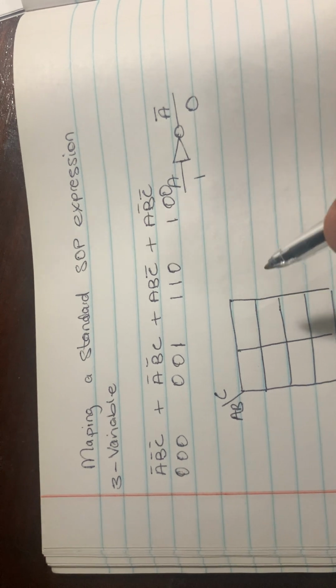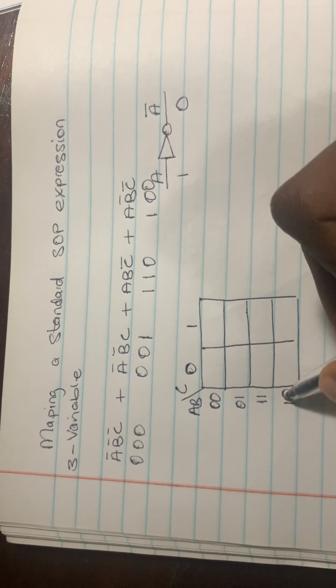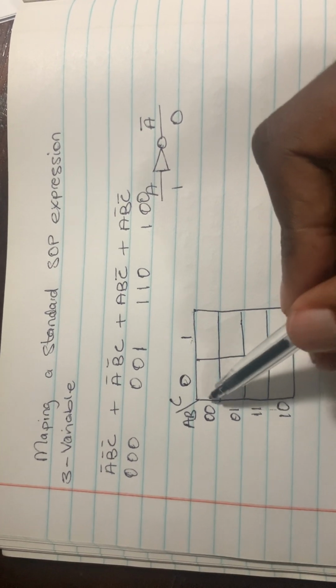Then we have a 0 and a 1. So here we have 0 0, and we have 0 1, and we have 1 1, and we have 1 0. This is just the standard you need to know if you are dealing with a 3 variable map.